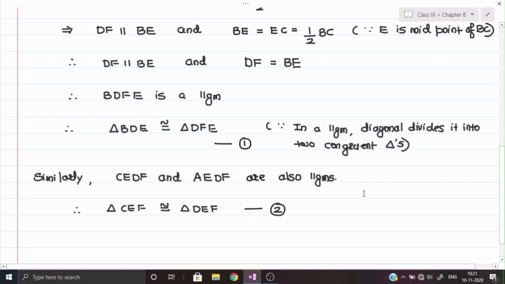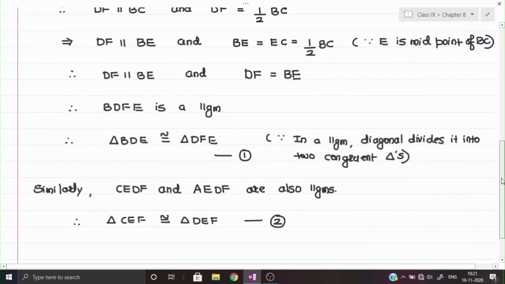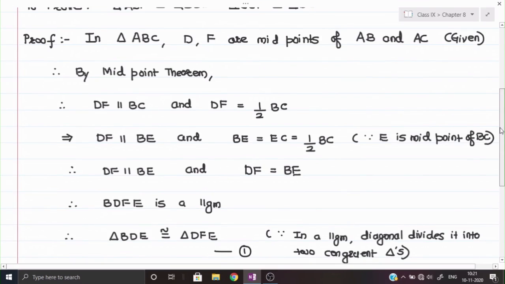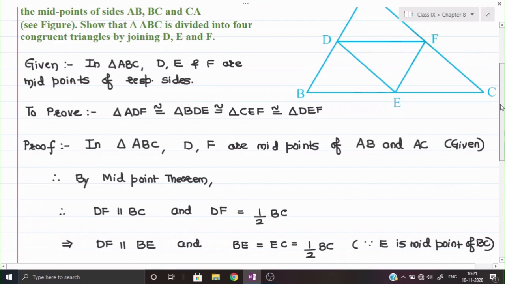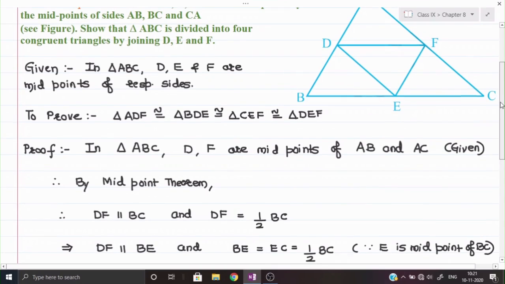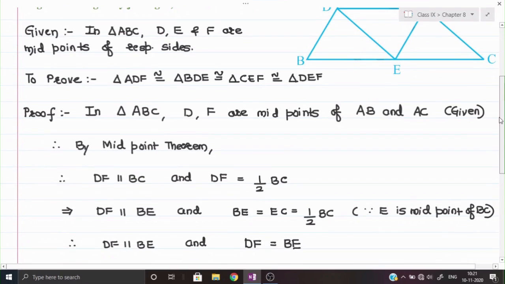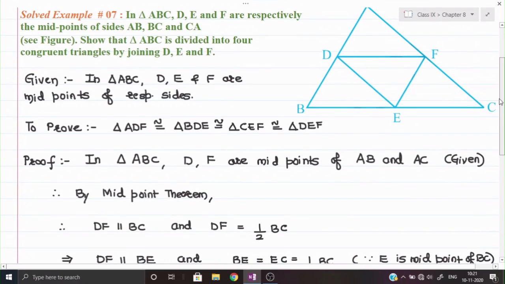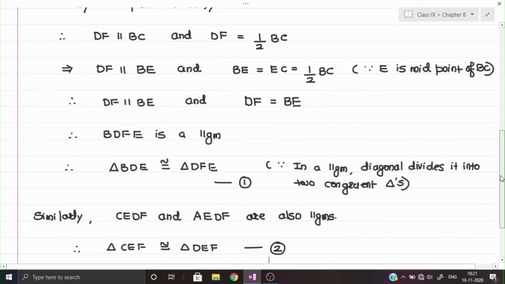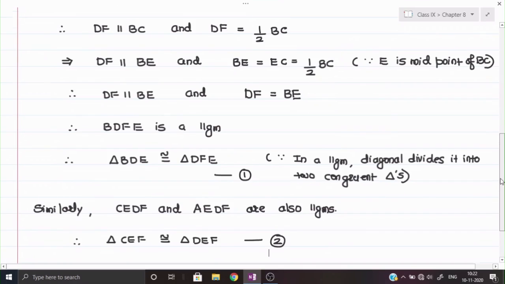I think in equation number 1 it is written DFE, so we shall make it proper. It is BDE, so BDE and FDE we shall write in this manner, because we are writing the second equation as DEF, so it is better to write with one-to-one correspondence.